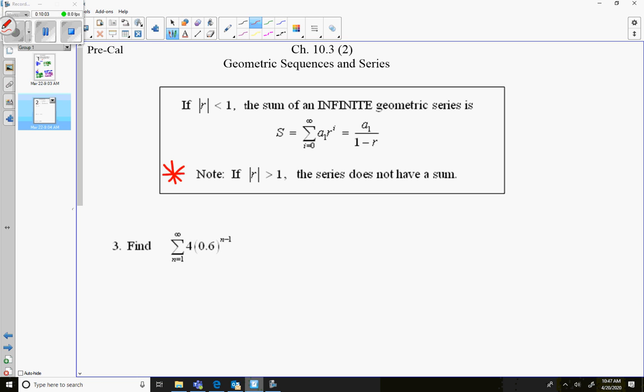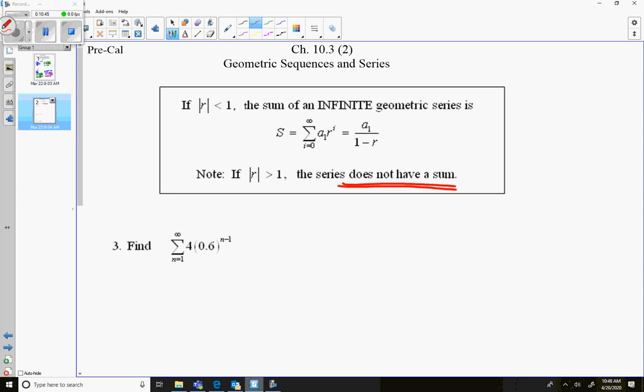If that common ratio is bigger than 1, like let's say it's 5, so each consecutive term is 5 times as big as the previous term, and you just keep getting bigger and bigger and go on forever, that sum is just going to keep getting bigger and bigger, and it will not actually end. It's going to go to infinity, and infinity is not technically a number, it's a concept. So because it just keeps getting bigger and bigger, we do not have a sum.